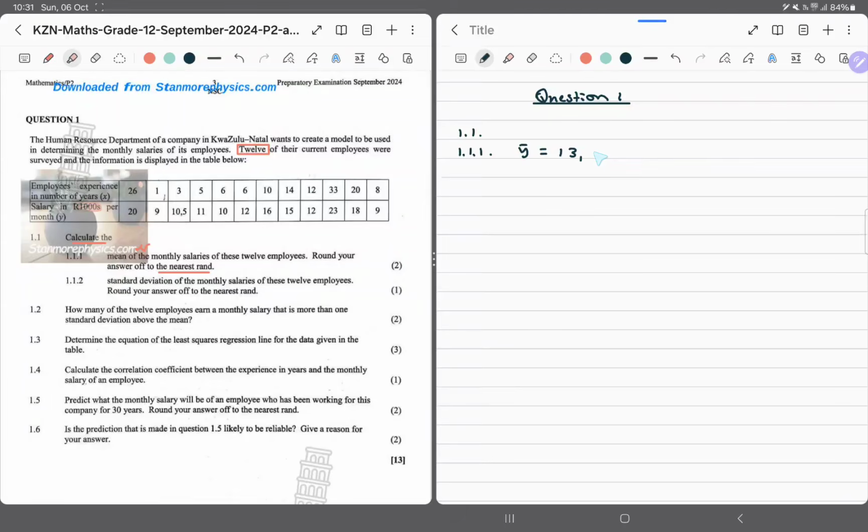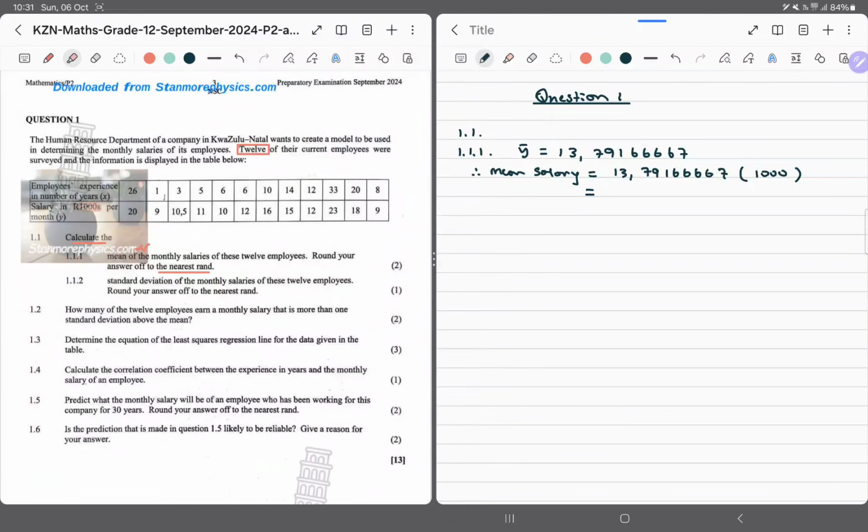So this is 13,791,666.67. We can say therefore the mean salary is going to be equal to this value, 13,791,666.7 times 1,000.